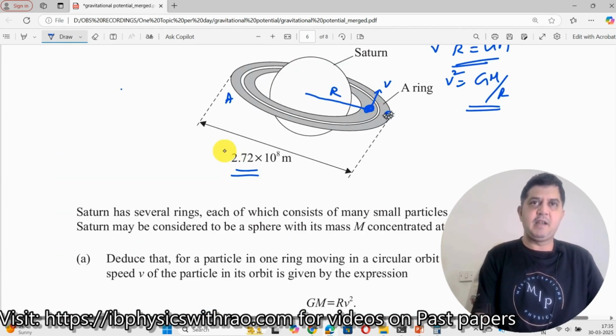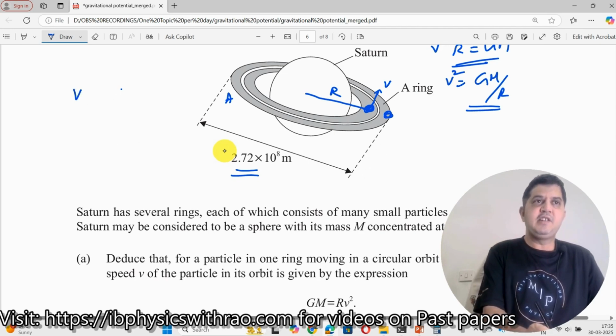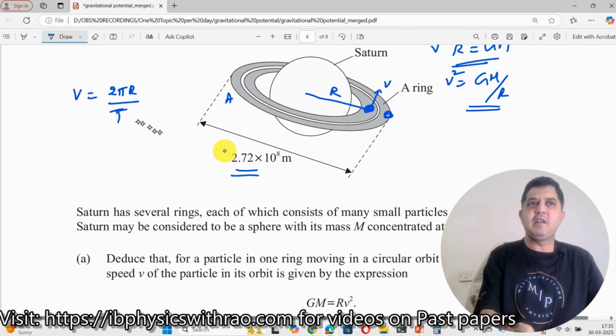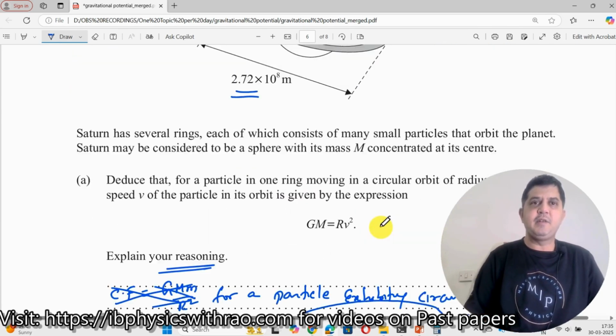So let us say there is one particle here. Now he is going all the way around, coming back to this point. So what is the time taken? Now we know the speed of a particle is given by 2πr divided by time taken. What is the time taken? Time period of revolution, right? This value of v we can calculate from here.